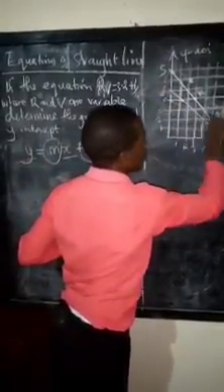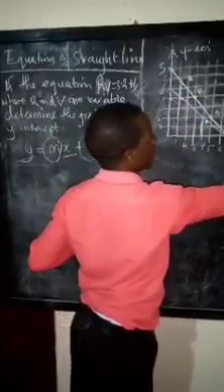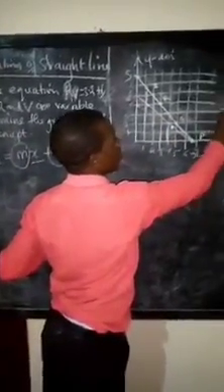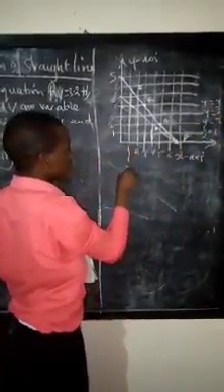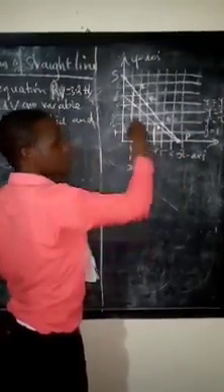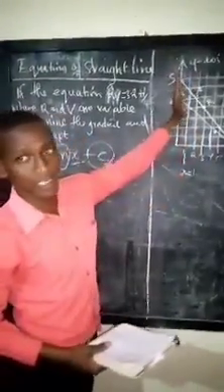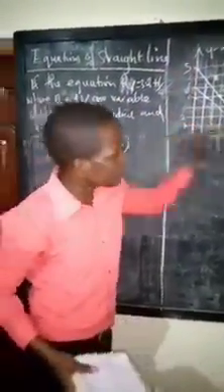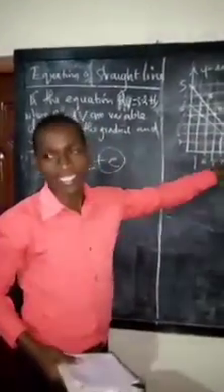These are the lines we call the y's. For example, this is line y equals 1, y equals 2, y equals 3, y equals 4. And on the other one, this one is x equals 1, and so on. So the x's are vertical lines parallel to the y-axis, but the y's are horizontal lines that are parallel to the x-axis.